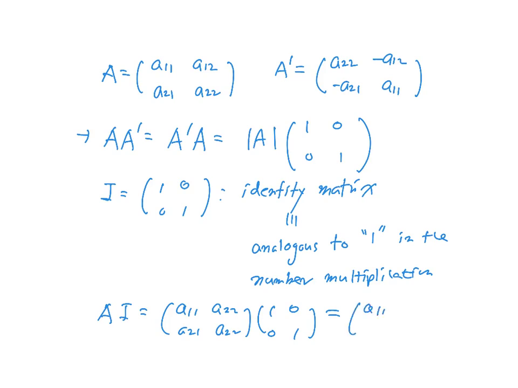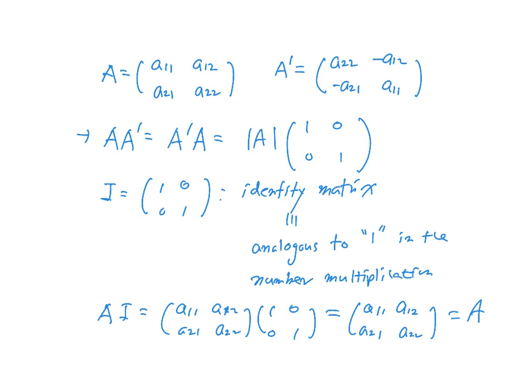You can do the same thing for the first row, second column, which gives A12, right? And for the second row, you get A21 and A22. So it's A. If you multiply by the identity matrix, it doesn't change the original matrix.